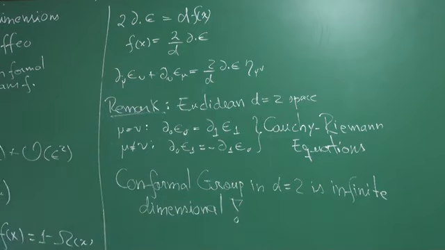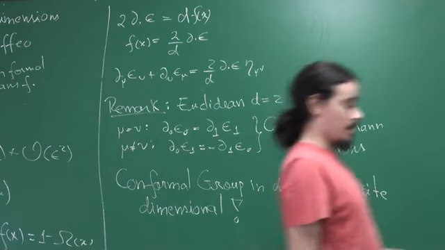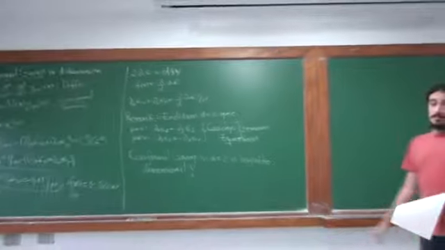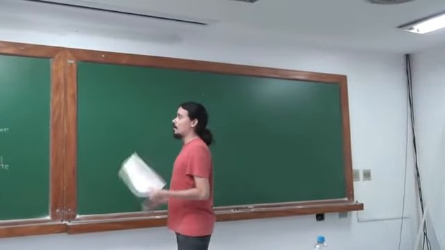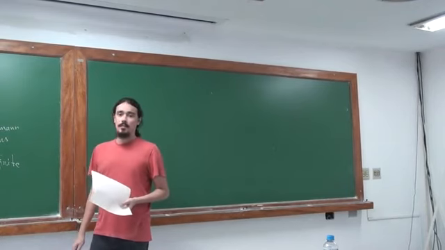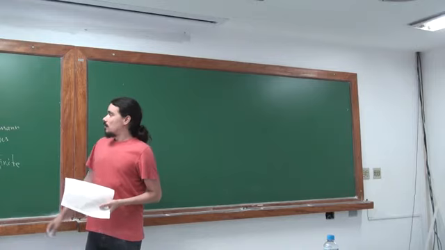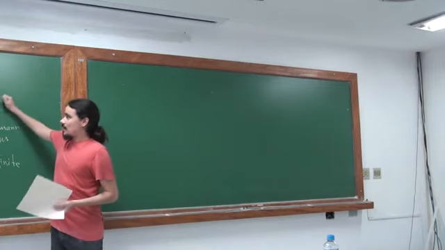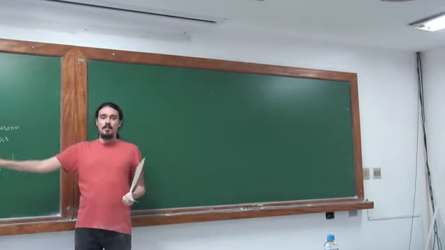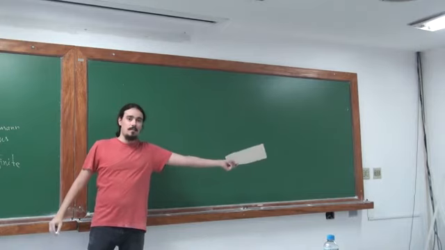So we have infinite symmetries, we have infinite constraints, and that's why in two dimensions the conformal symmetry is much more powerful, and we can, in a lot of cases, completely solve the theory in two dimensions. Okay, so because of this, that's the reason we separate two-dimensional conformal theories from higher dimensional ones.